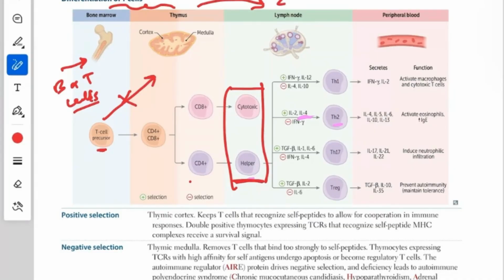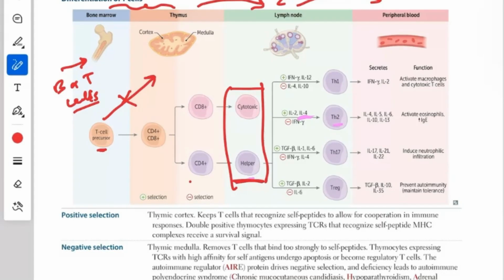You can think of the lymph node as the battle station where the T cells will go and get ready to encounter antigens that will be brought to the lymph node. And then once they are stimulated by an antigen, they will leave and enter the peripheral blood and head to wherever they need to go to fight off the infections.